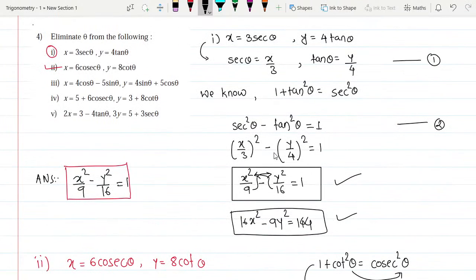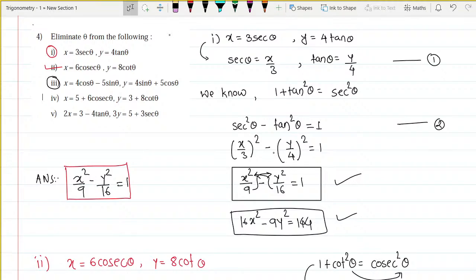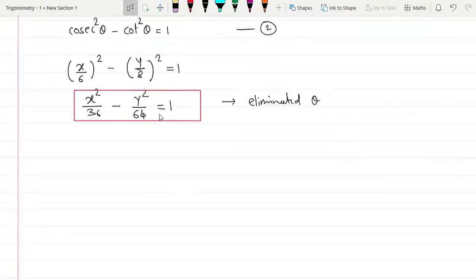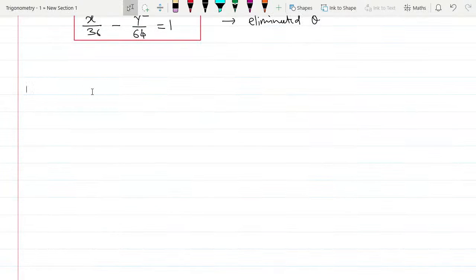Now let's move to this third type of question, which is a little bit of a different one. So let's take the third one. Let me copy this third question and paste it here.